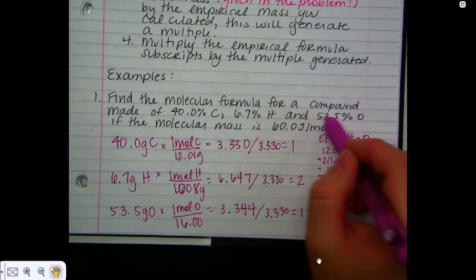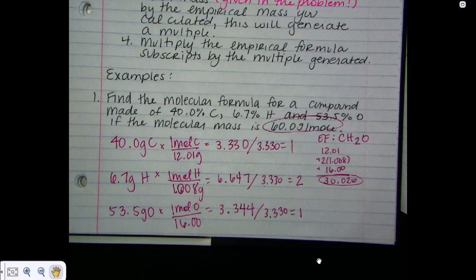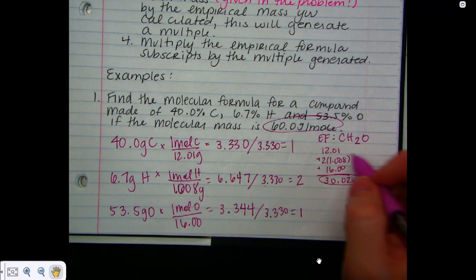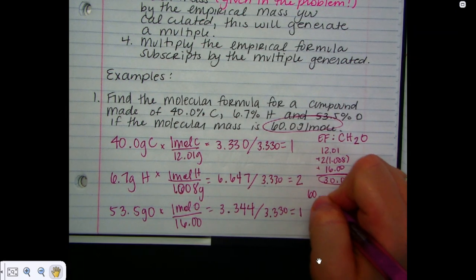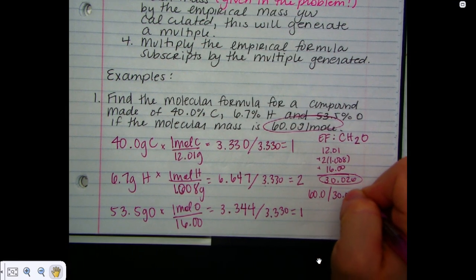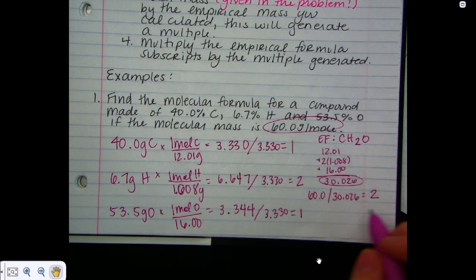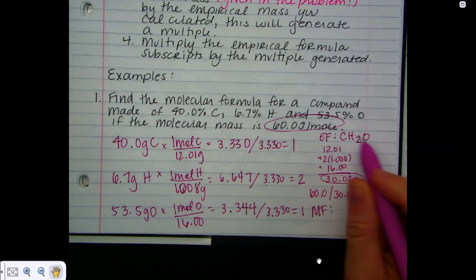I was given in the problem a molecular mass. I'm going to divide the molecular mass by the empirical mass to generate a multiple. So hopefully you see where this is going. 60 divided by 30.026. I bet this is going to be 2 or close. It is. And that means that my molecular formula is 2 times the empirical.